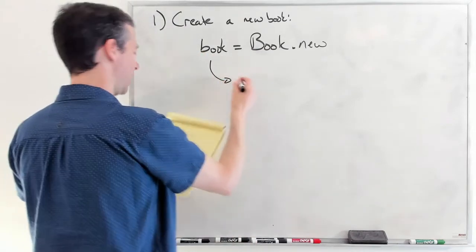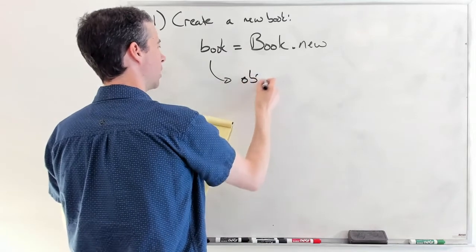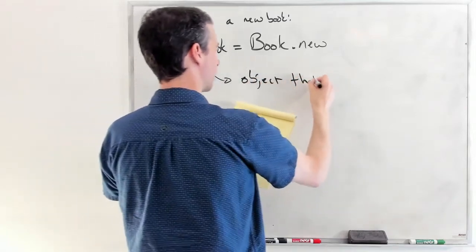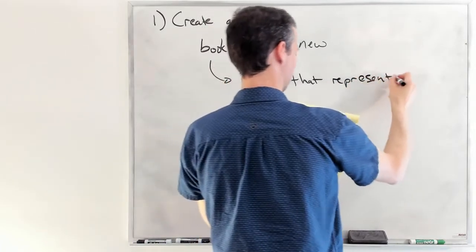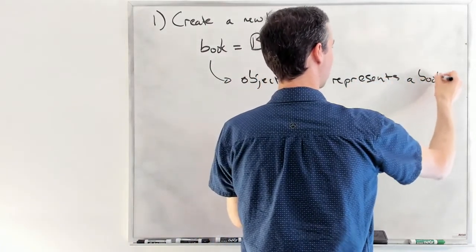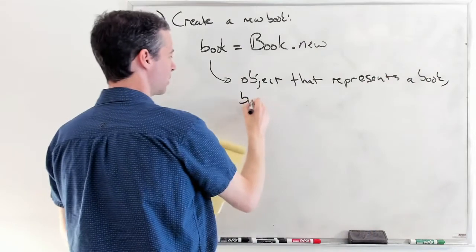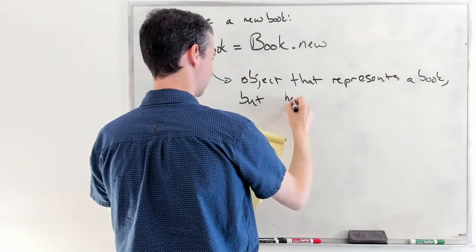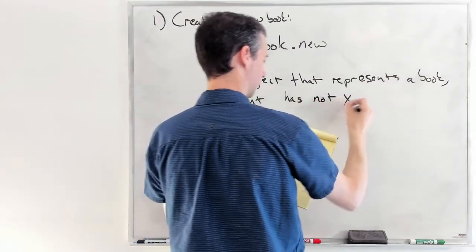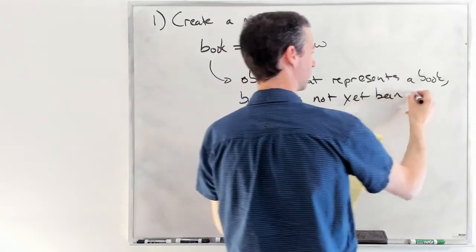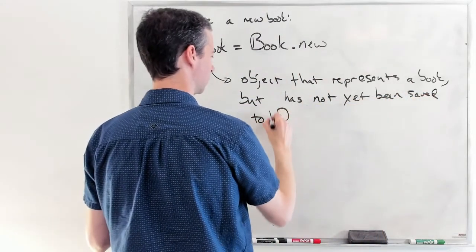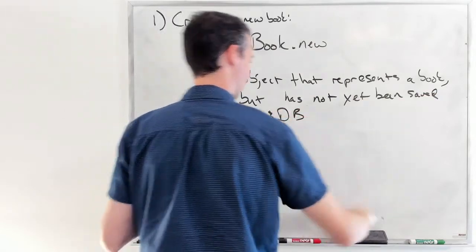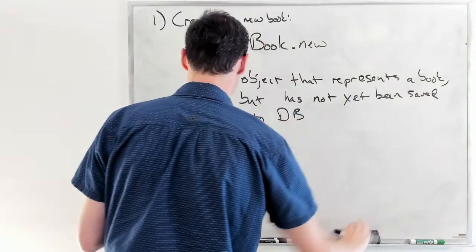And so we're going to have here our object that represents a book. Now, when we do new, it has not been put into the database yet. All right, so it hasn't been saved yet to the database.